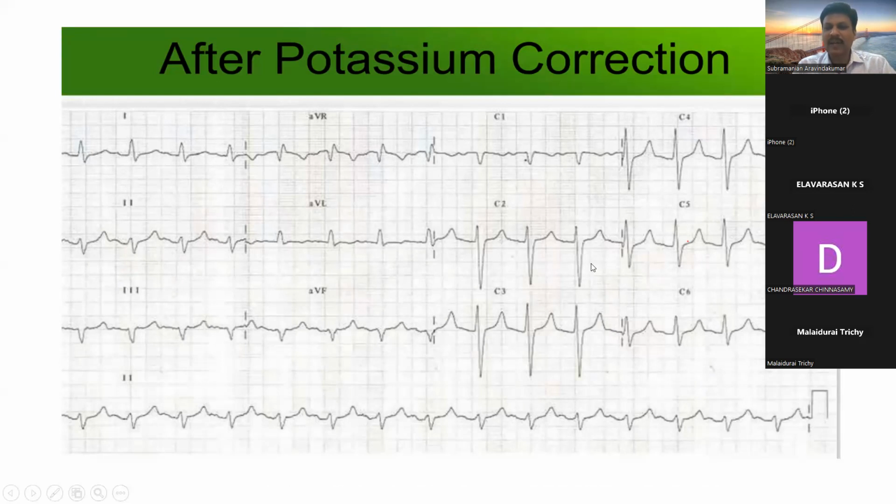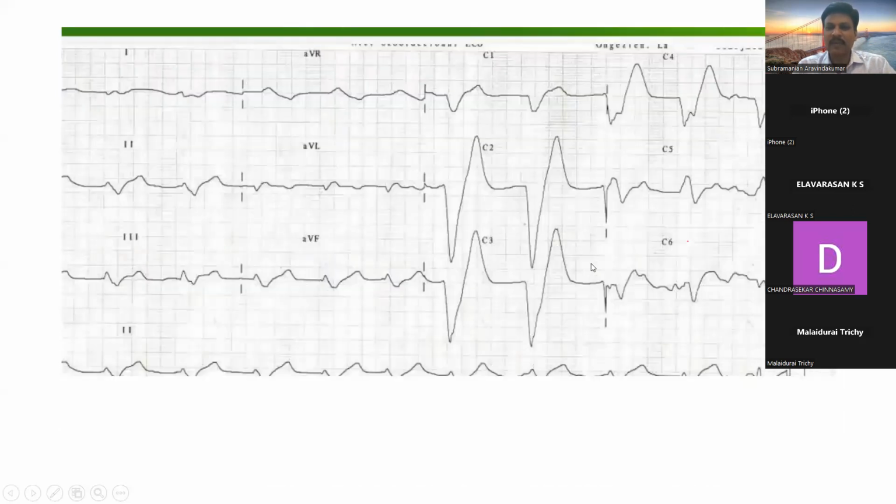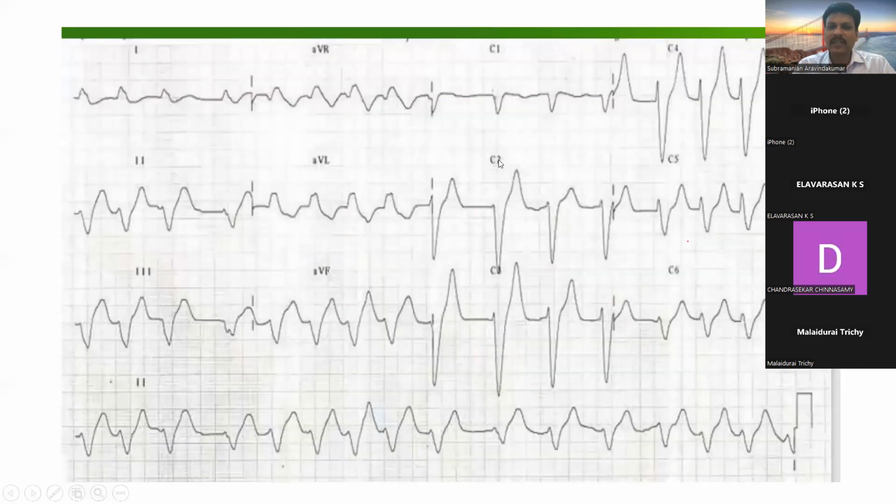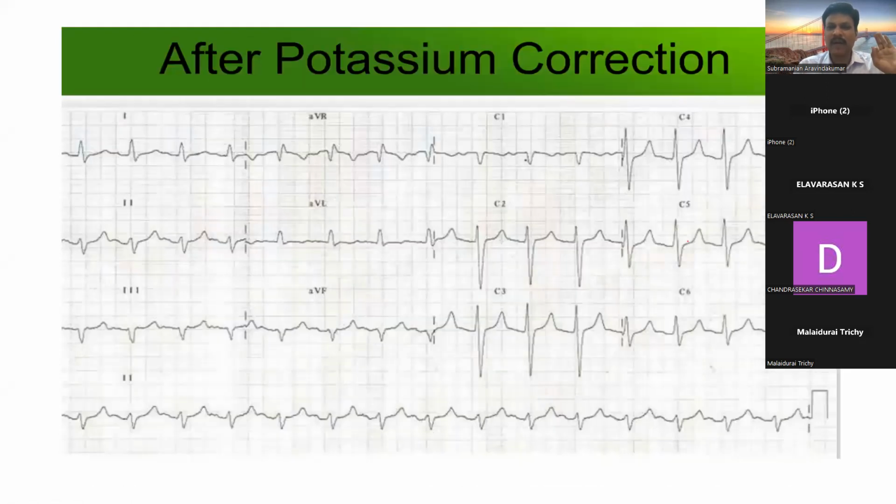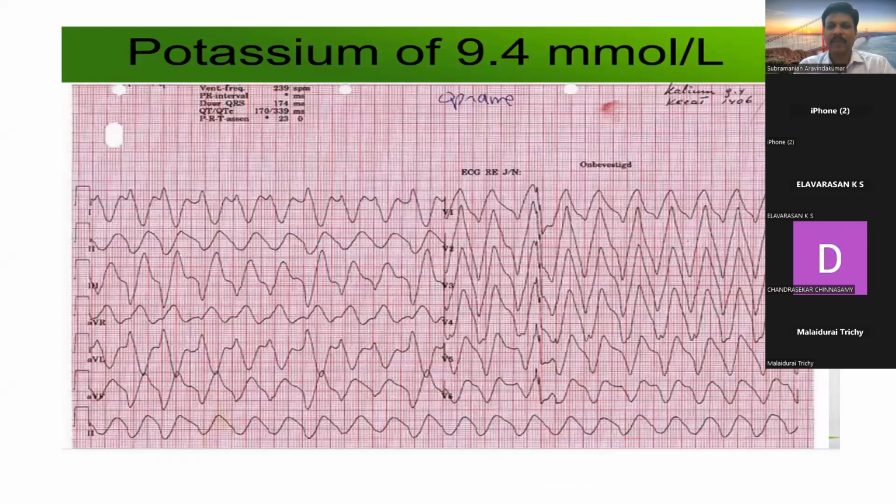See here, in hyperkalemia, there is no R wave, and the T wave is much taller. See here, a small R wave and a tall T wave, typically with a narrow base. So this is typical of hyperkalemia, and how it gets corrected. When it is more than 9.4, everything is merged: a sine wave pattern, where the QRST is all merged and it is a slow, non-contracting, agonal sort of rhythm.